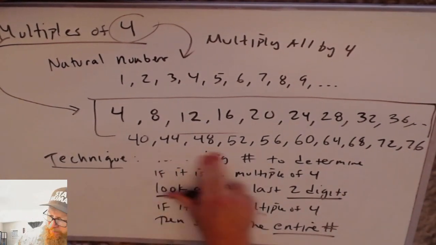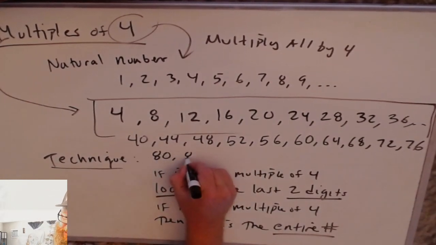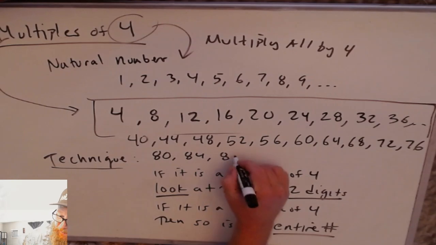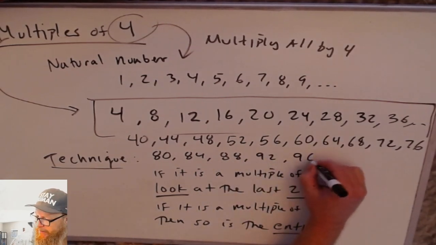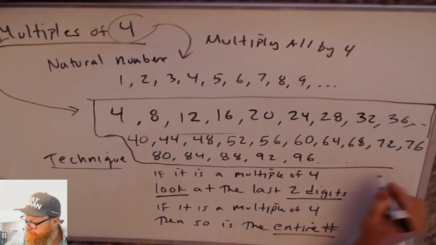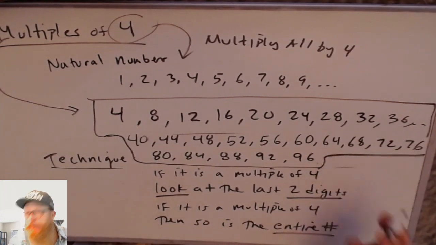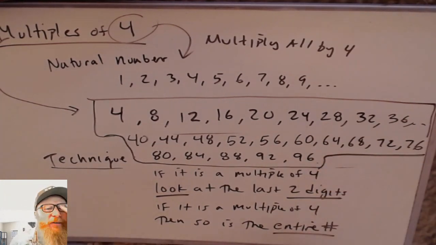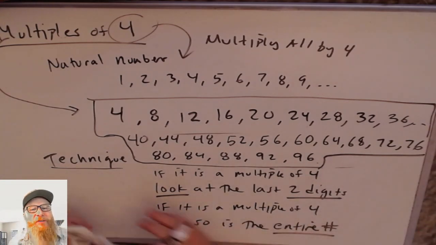I better go a little bit more. 80, 84, 88, 92, 96, and then 100. Oh, you don't need to know 100. You could stop at 96. Although I guess you should know 100 is divisible by 4, but I think you already know that because 100 divided by 4 is 25.